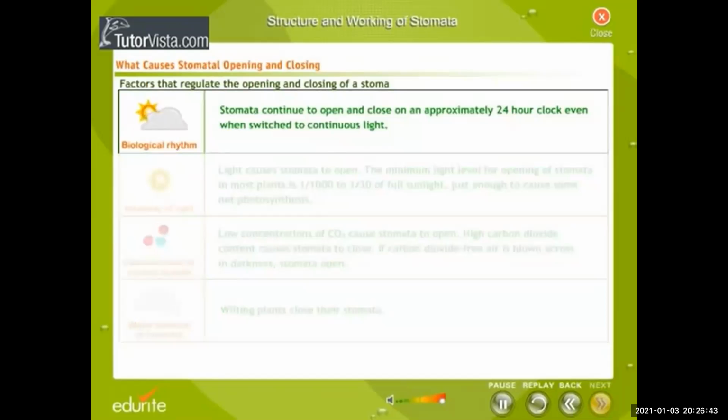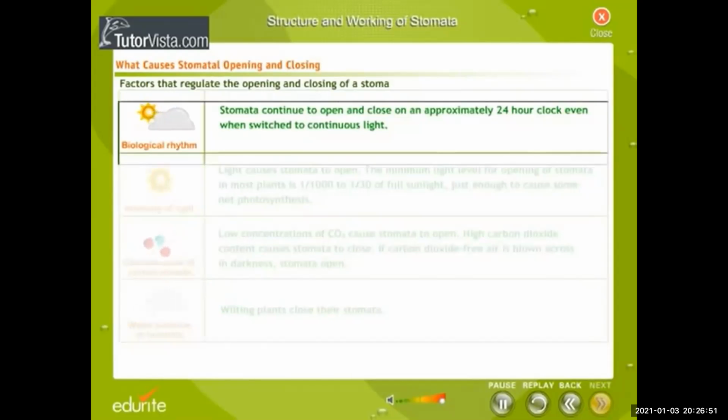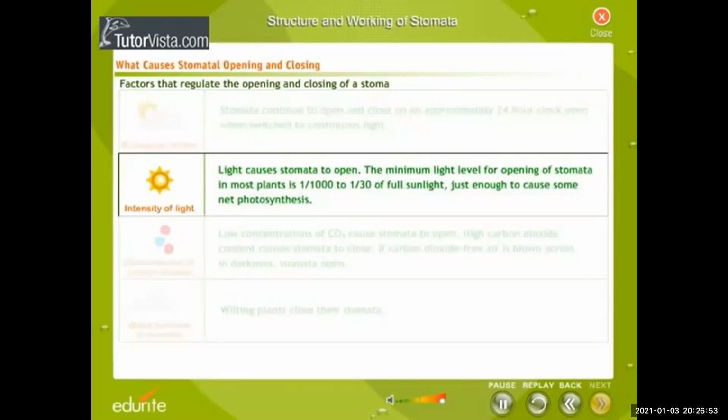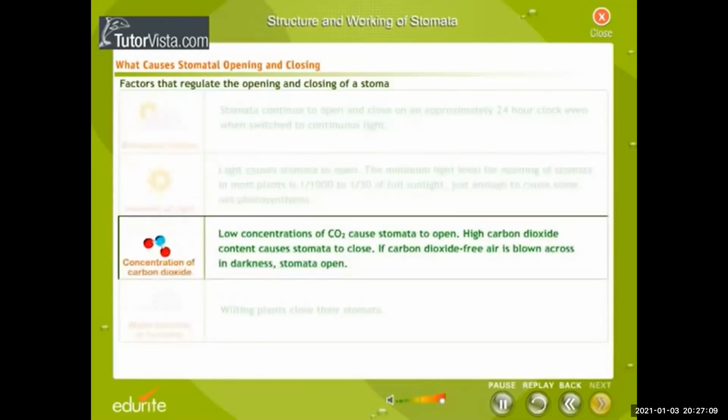Biological rhythm. Stomata continue to open and close on an approximately 24-hour clock even when switched to continuous light. Intensity of light. Light causes stomata to open. The minimum light level for opening of stomata in most plants is 1/1000 to 1/30 of full sunlight, just enough to cause some net photosynthesis.